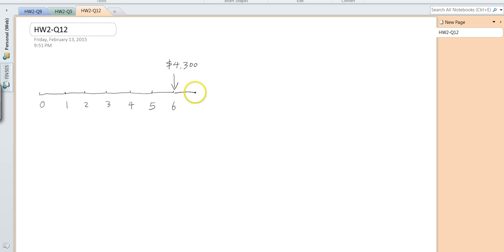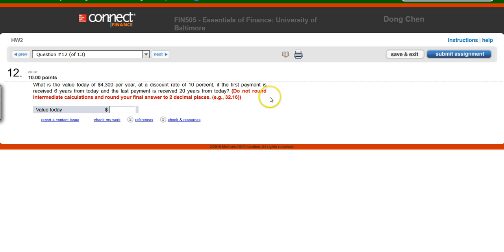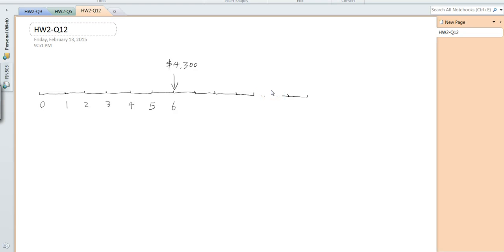So let's continue this chart. You don't have to do all this. Basically, it just goes to I believe 20 years from today. So this is 7, 8, 9, 10, and this is 19, and finally 20.